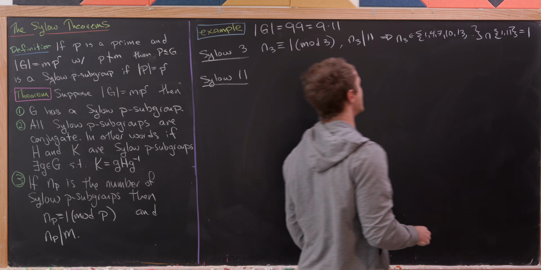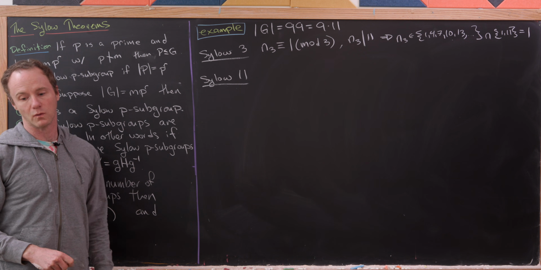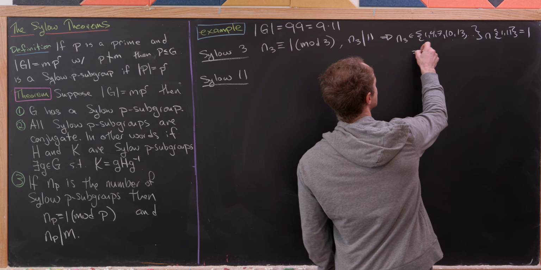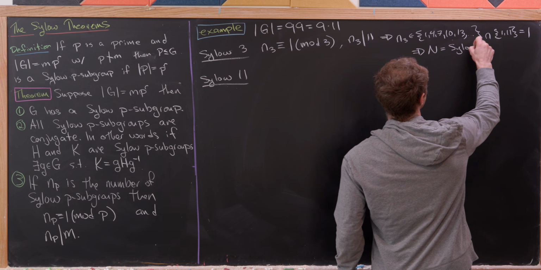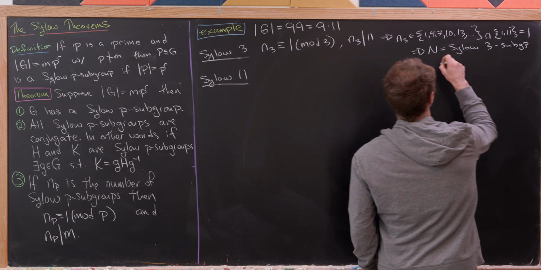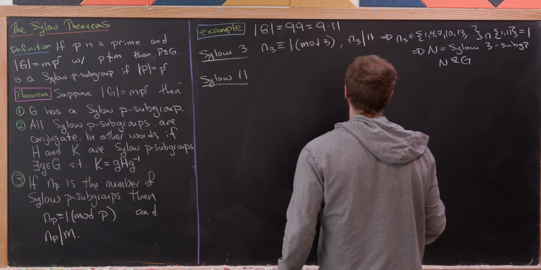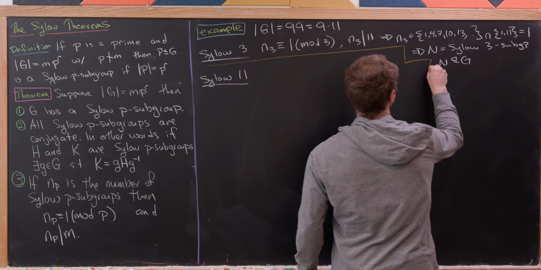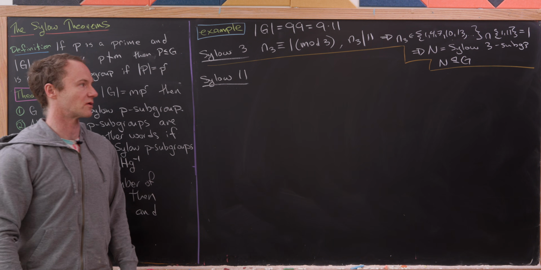But then there's only one number intersecting those two sets, and that is the number 1. So, well, what does that tell us? Well, immediately we know that if N is equal to the Sylow 3 subgroup, then N must be normal in G, using the same sort of argument that we used previously, that if you have a unique Sylow p subgroup, then it has to be normal.